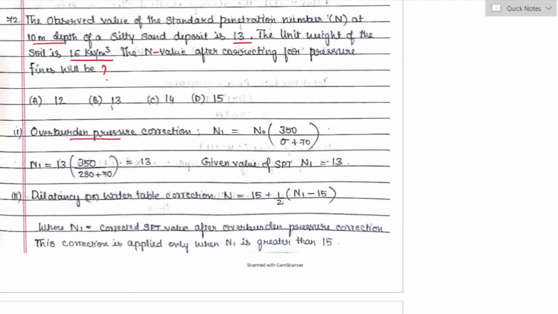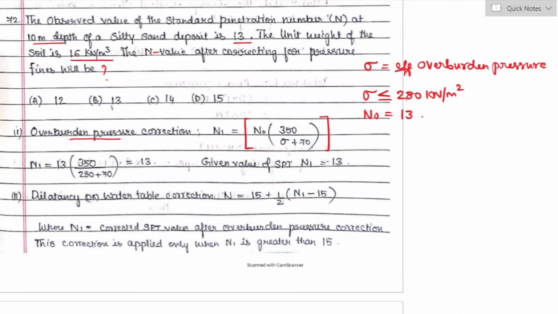So let's first apply the overburden pressure correction, which is given by the formula N1 is equal to N0 into 350 divided by sigma plus 70, where sigma is the effective overburden pressure, which is assumed to be less than or equal to 280 kN per meter square, and N0 is the observed value of standard penetration number, which is given as 13. On substituting this value, the overburden pressure correction will be 13 into 350 divided by 280 plus 70. So the overburden pressure correction will be 13.